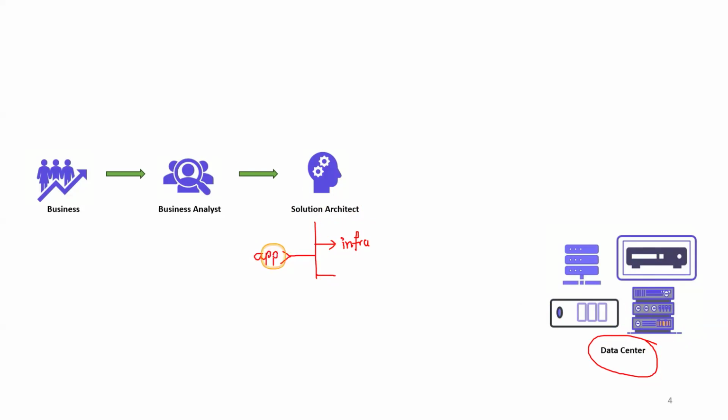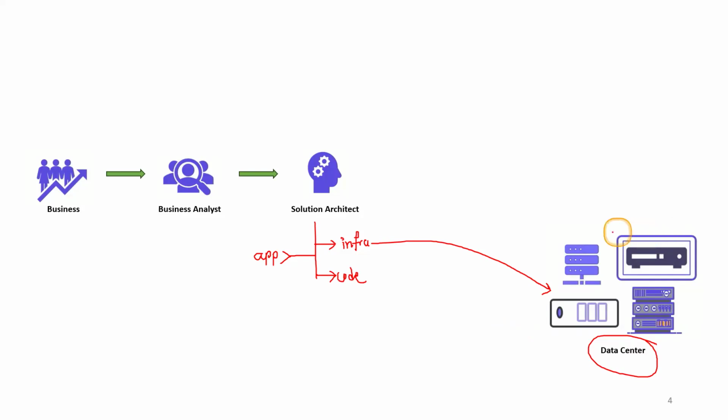For that application, they need the infrastructure and they need to develop the code. So that entire infrastructure has to be available in the organization's data center. Okay, so then only the code can be developed or deployed on top of this data center, right?